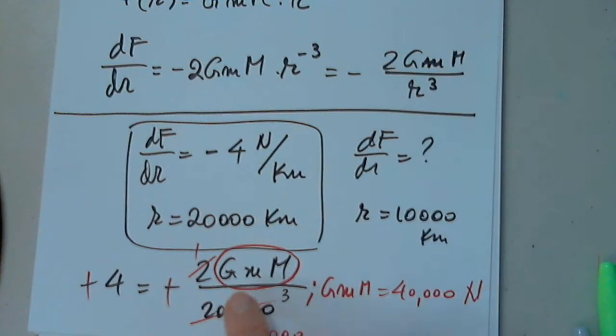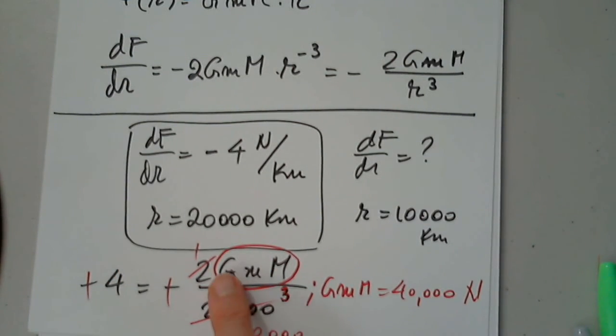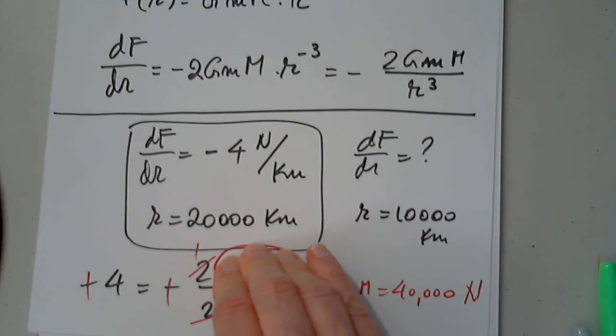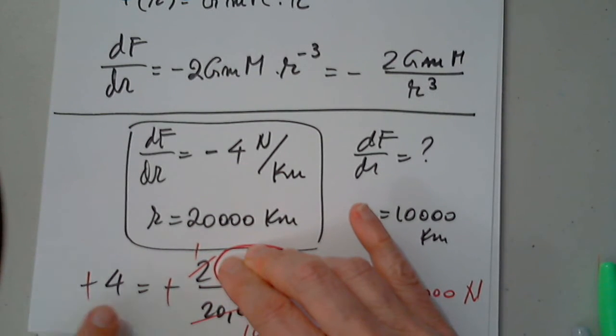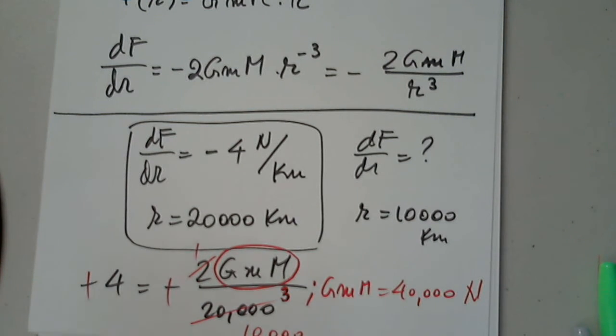So we have -4 here, -2 GMm over 20,000 cubed. This information is given to us to find GMm, this product. So I have 20 cubed times 4 divided by 2. So let's do that.